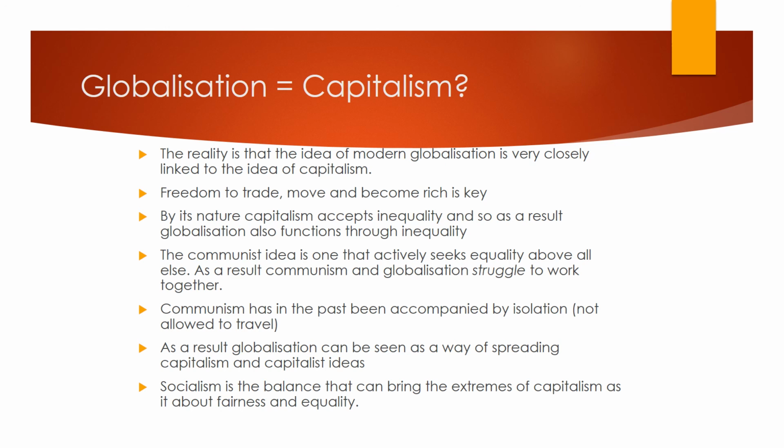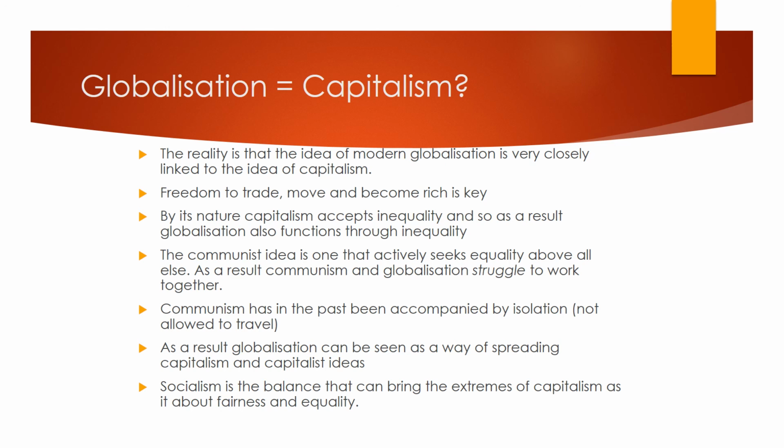And finally, socialism is perhaps a balance here. Socialism is slightly more in the middle, perhaps we could see it as. And so it perhaps could bring the extremes of capitalism down a little bit, because socialism is about fairness and is about equality, but it's not as extreme as the idea of communism and total equality.